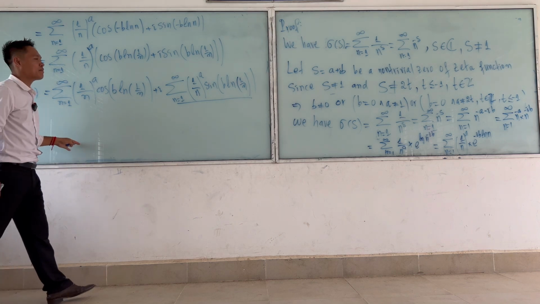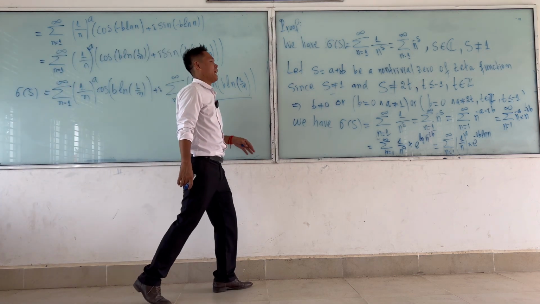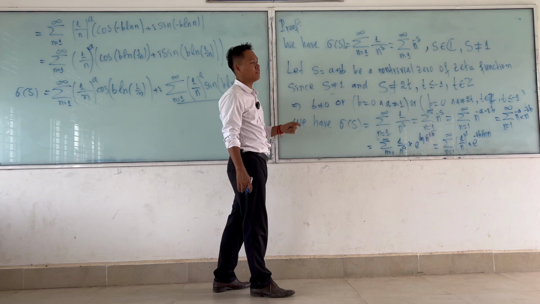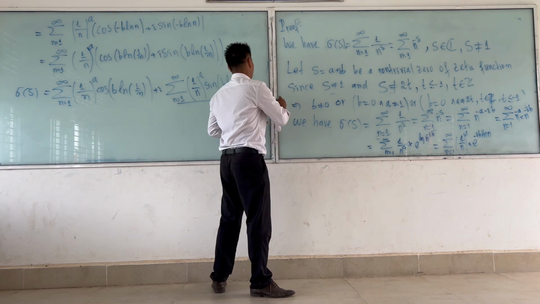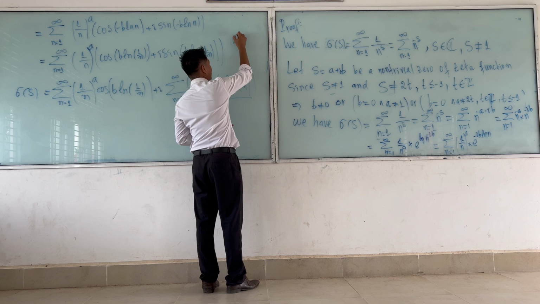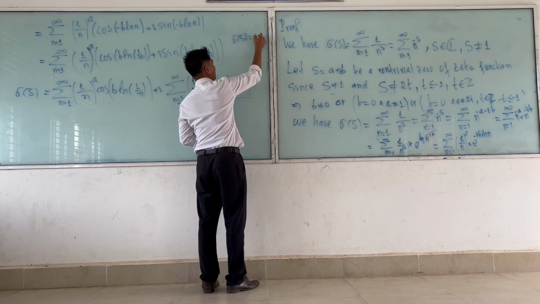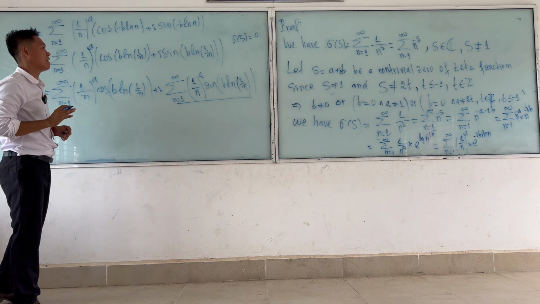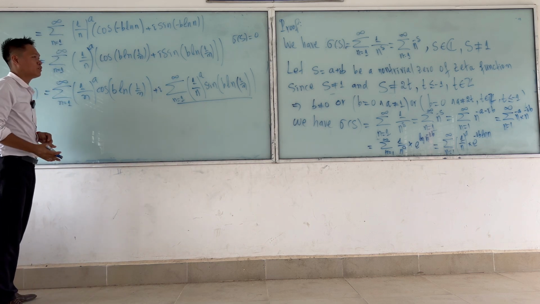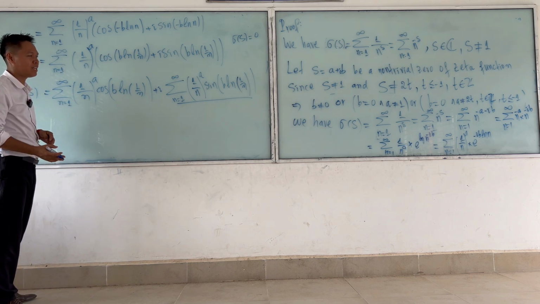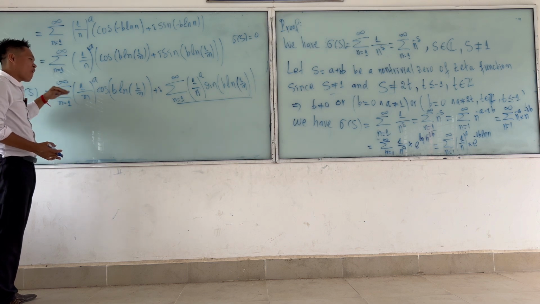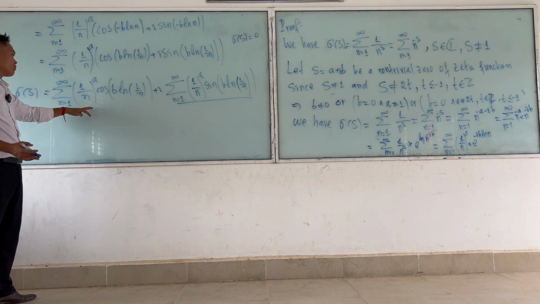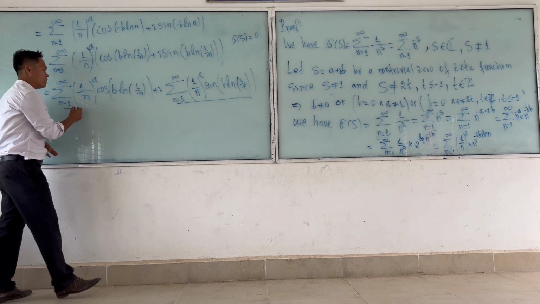But to find a and b, because s is a non-trivial zero of zeta, it has to satisfy zeta of s equal to 0. You must take zeta of s equal to 0, and then you try to solve this equation to get a and b. You got it? But before I put zeta of s equal to 0, I have to simplify this more.